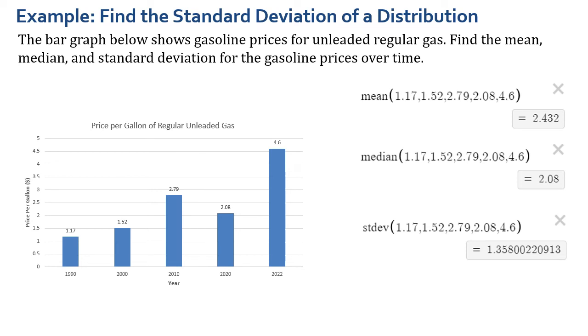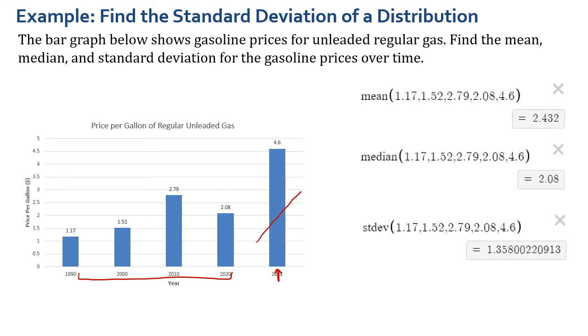And that's because we can see, even though from 1990 to 2020 those values aren't spread out that much, this $4.60 really ends up making these values spread out. So that's why that's a little higher.